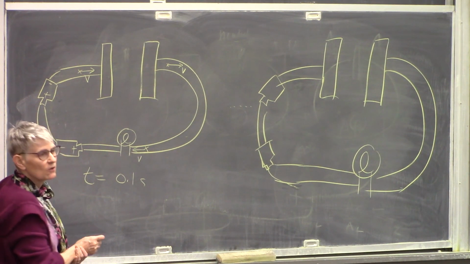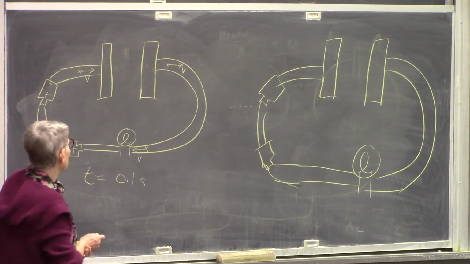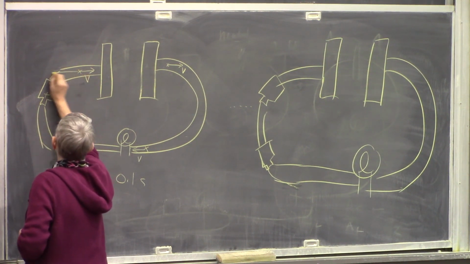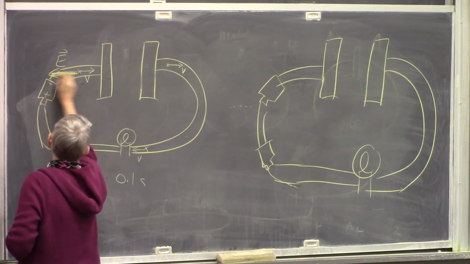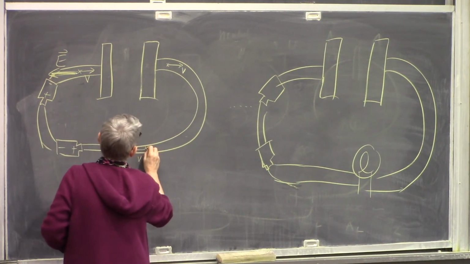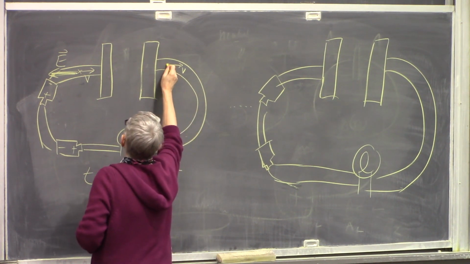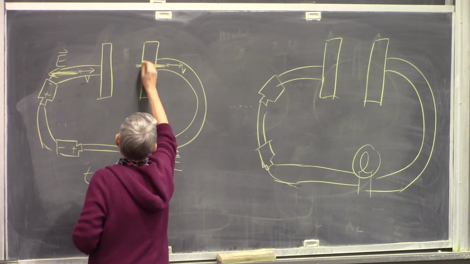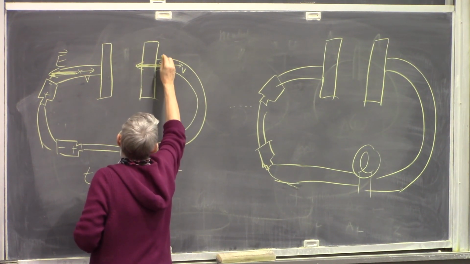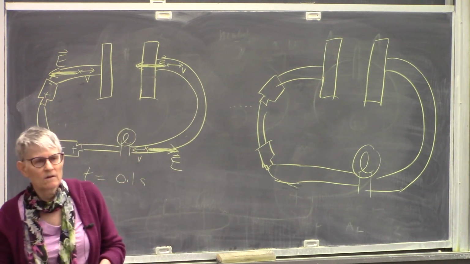So the electric field must be opposite. So we must have an electric field here that looks like that, and an electric field here that looks like that, and an electric field here that looks like that. How much charge should I draw on the capacitor here?